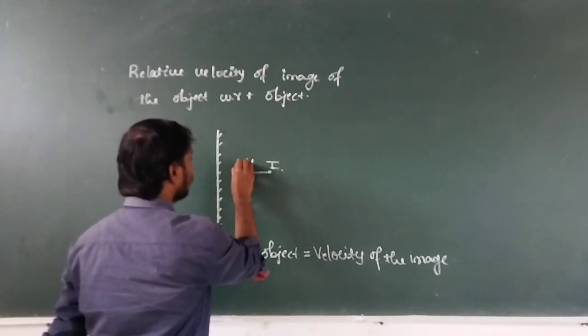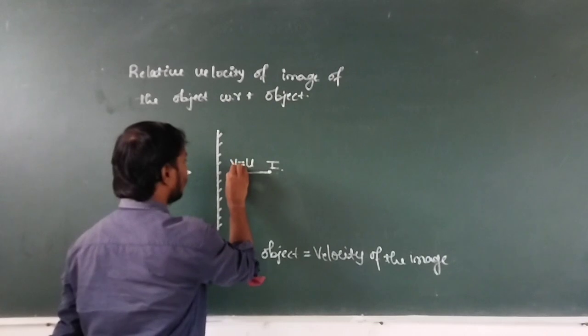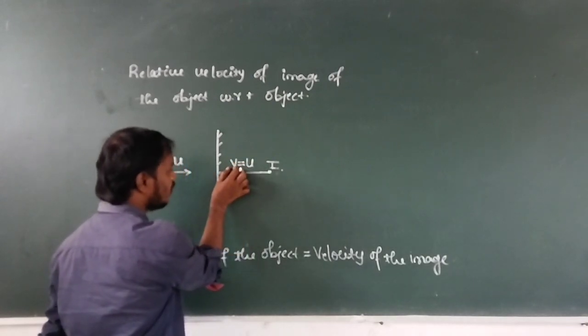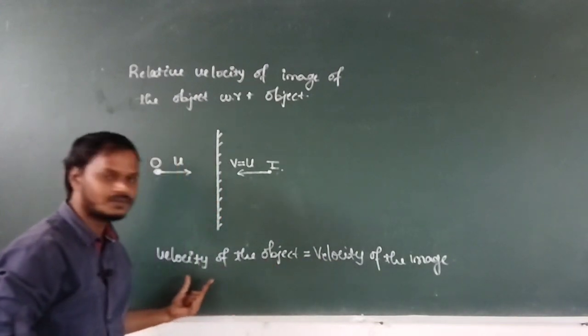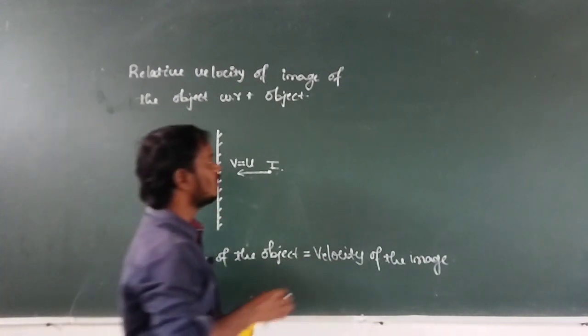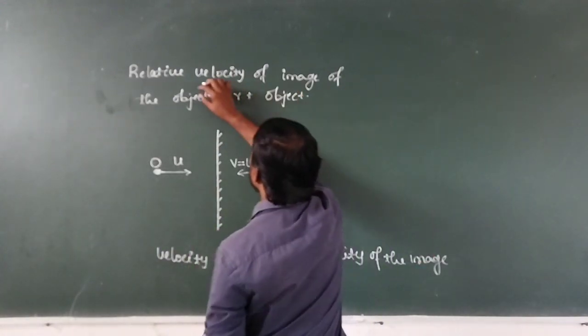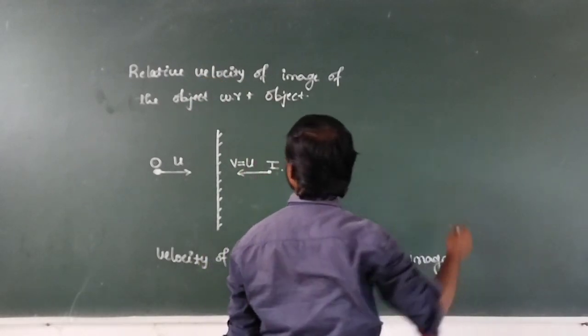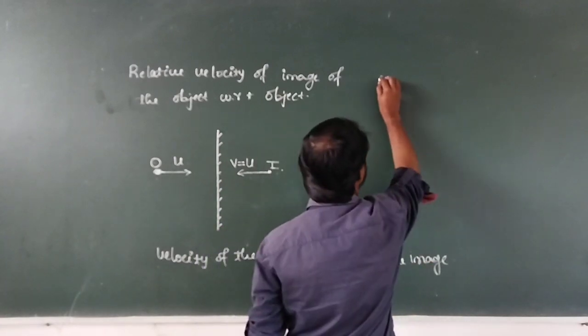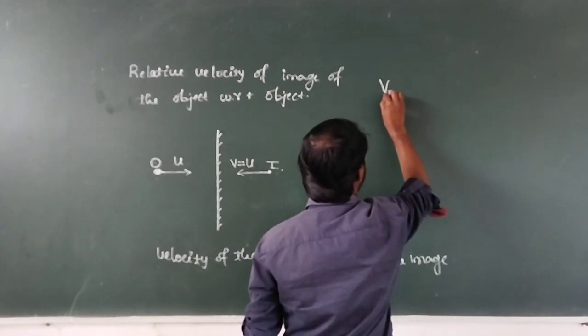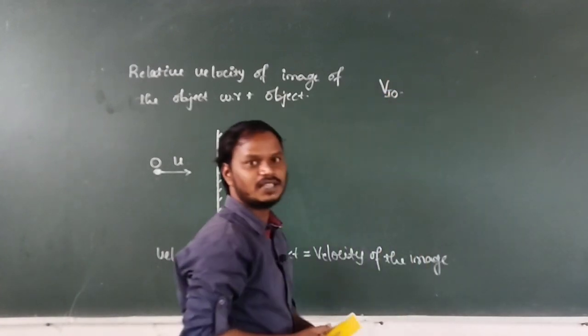Let us take the velocity of the image as v, and the velocity of the image is equal to the velocity of the object. See here, what we have to find is the relative velocity of the image of the object with respect to the object. So I will write V_IO. What is V_IO?